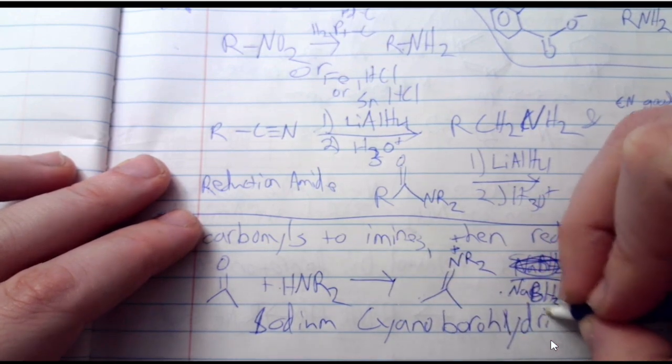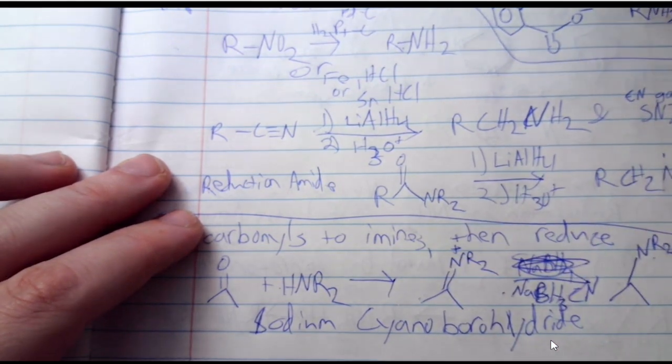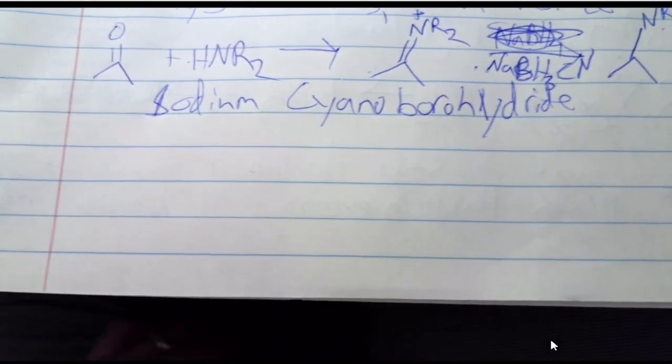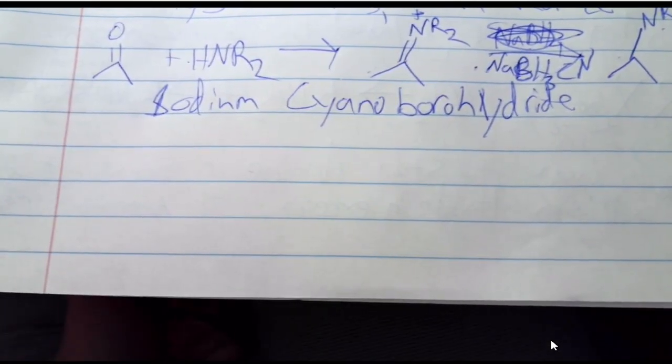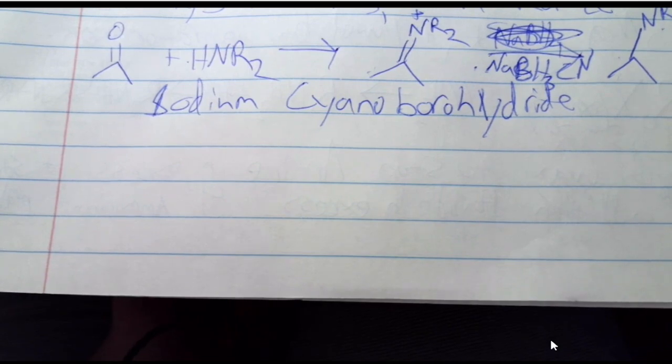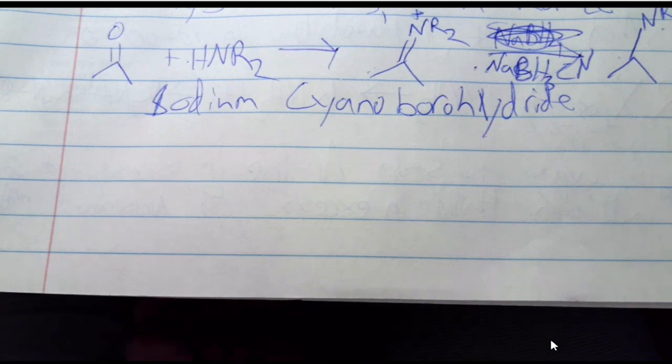They're saying that this is a particularly effective reducing agent for this. Basically, compared to sodium borohydride, the cyano group is pulling electron density further out of the boron, maybe further weakening it, and making sure we only add in the hydrogens we need to.